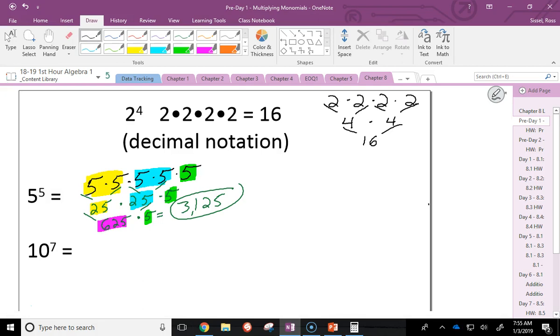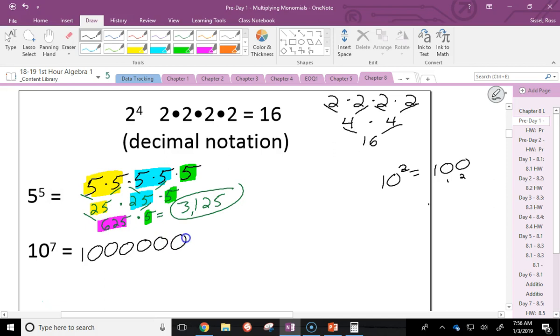Even to make sure I was almost 99.8% sure, I didn't want to look like a fool. So I did in my head real quick, 10 to the 2nd power, which is 10 times 10, is 100. Well, there was the 2, and there's 2 zeros. So anytime I'm not sure, I do an easier problem. So this would just be the 1 and then 1, 2, 3, 4, 5, 6, 7 zeros.